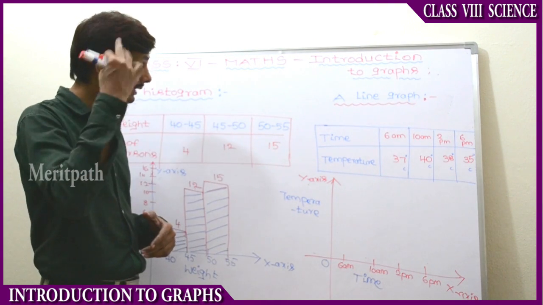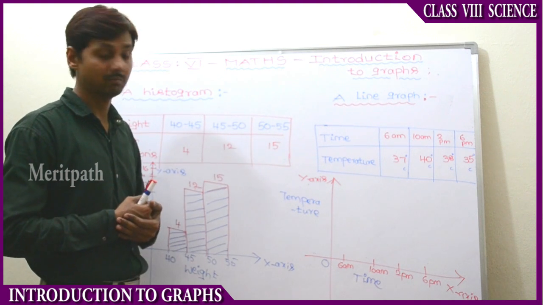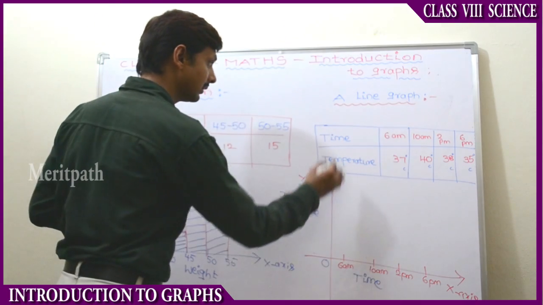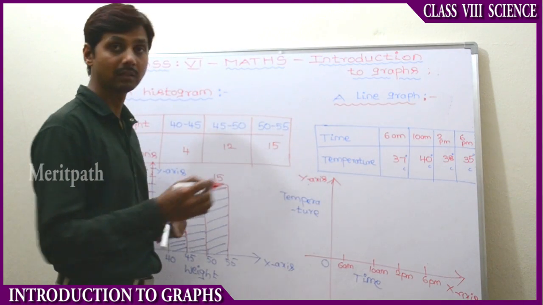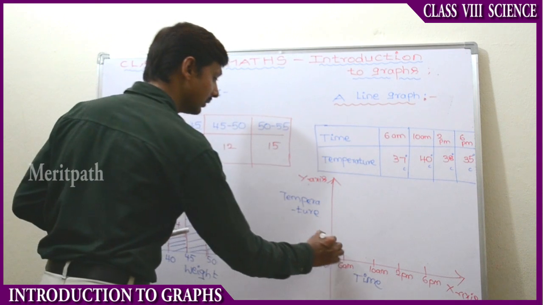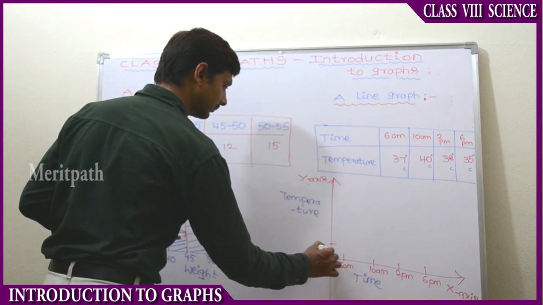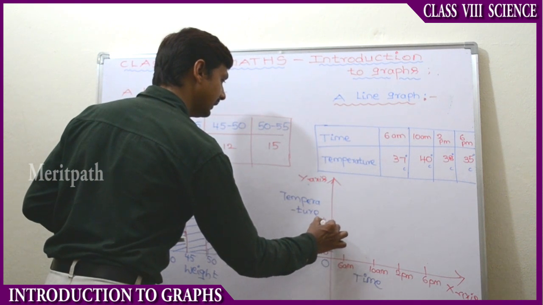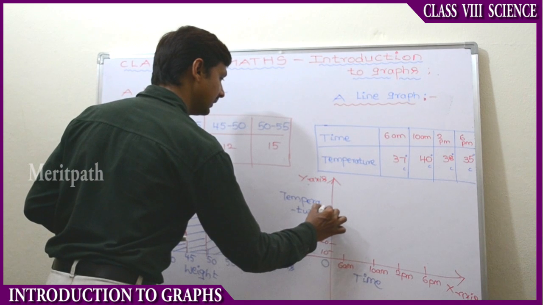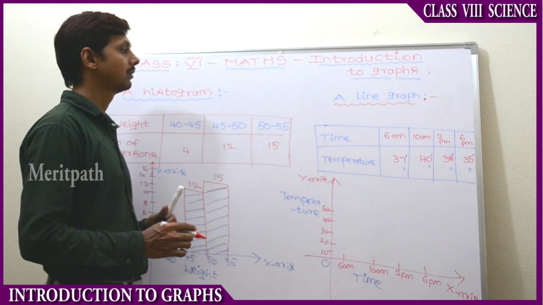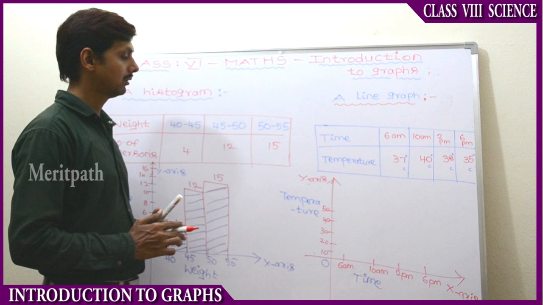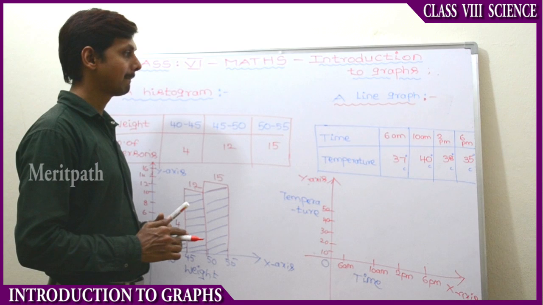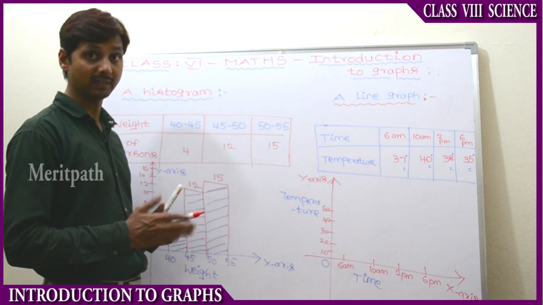6 a.m., then 10 a.m., 2 p.m., 6 p.m. And the temperature is taken on the y-axis: 37 degrees, 40, 38, 35. If it starts from 30, so let's take 10, 20, 30, 40 and 50 degrees, we will not find any difference between 40 and 37.